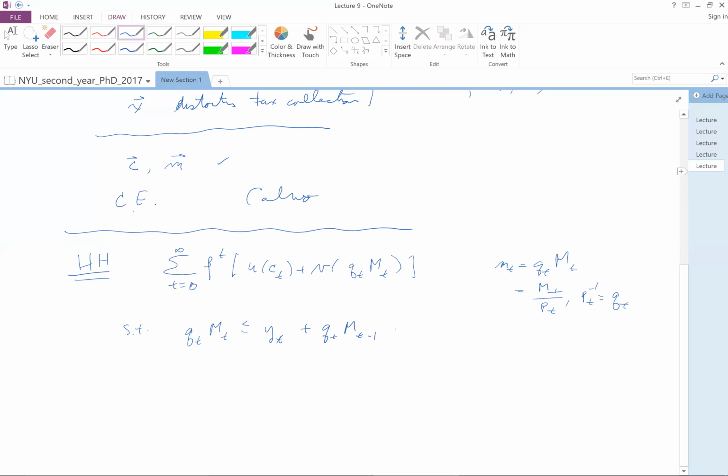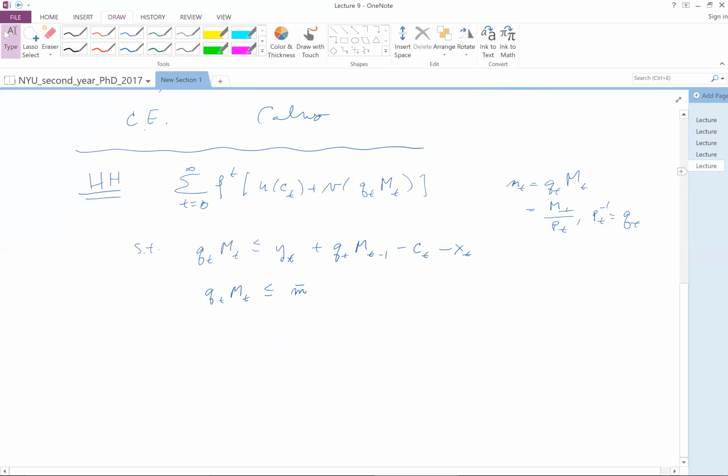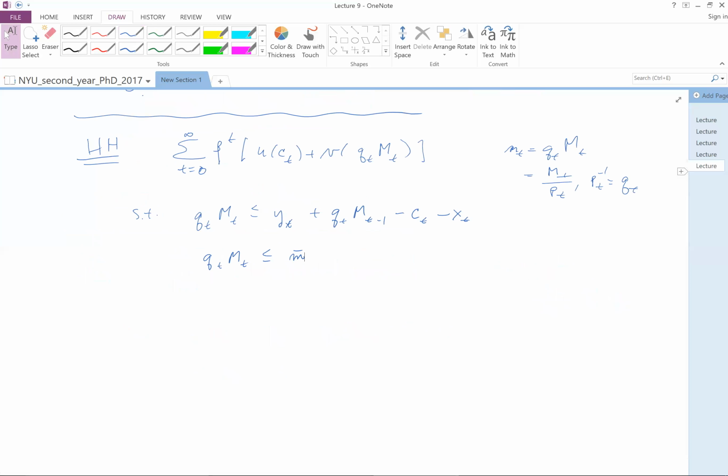It has some real balances carried over from last period. It consumes and it has to pay the tax collections. And we're going to impose the restriction that this is less than or equal to M bar. That's a technical restriction we're going to impose for reasons I explained in class. And this is going to take M_{-1} is given. Okay.